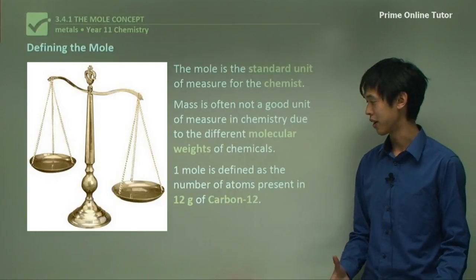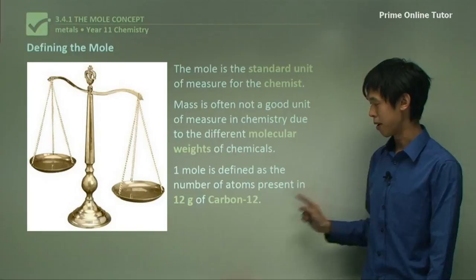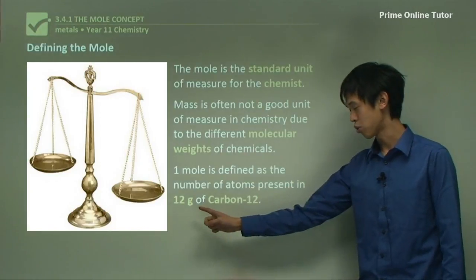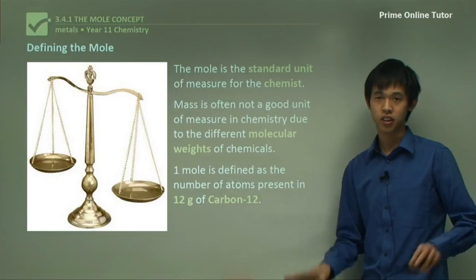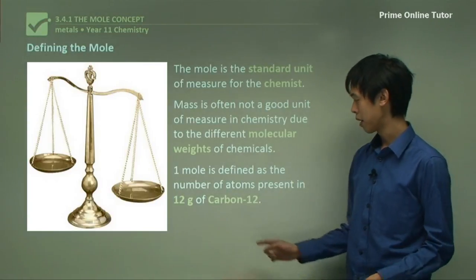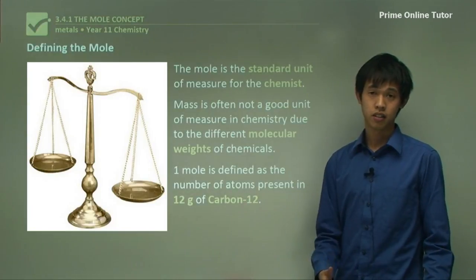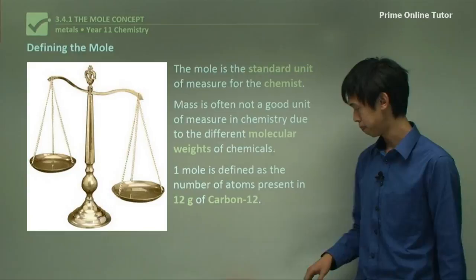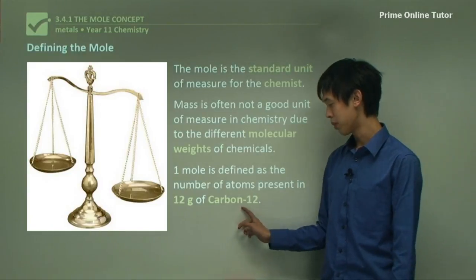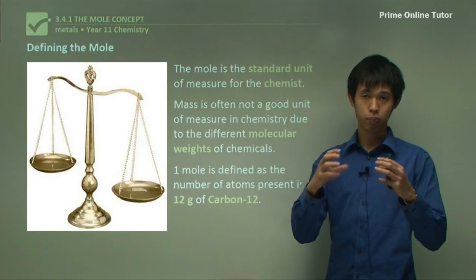And so how did they define it? Well, 1 mole is defined as the number of atoms in 12 grams of carbon-12. Okay, so there's a lot of 12s and numbers thrown around here, but we know what carbon is, and that's number 6 in your periodic table. Which means it has 6 protons. Now carbon-12 just means that it has 12 nucleons, or 12 parts of its nucleus.